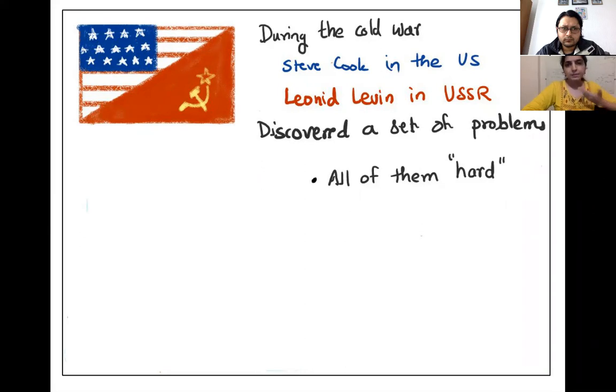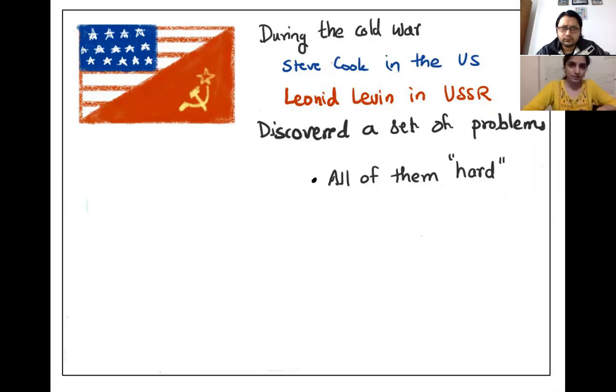These people being mathematicians and theoreticians, there was no formal computer science department in most universities in the 70s. It all started much later. They were combinatorial set theorists and so on, in the math department or the electrical engineering department.